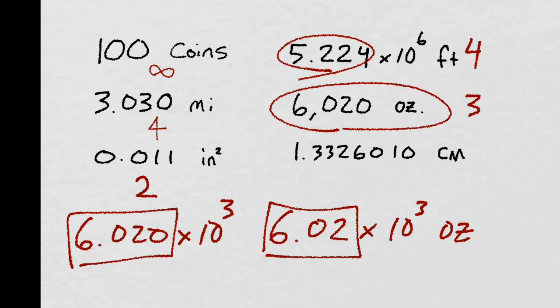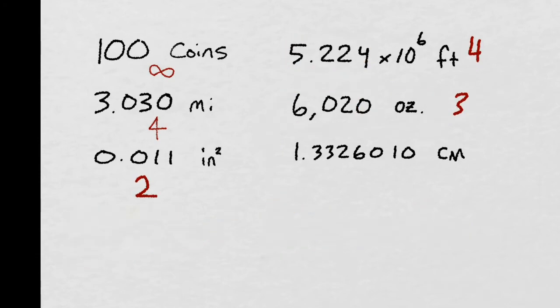Whenever you're writing numbers into scientific notation, you have to use the proper number of sig figs. And what we just saw is that this number right here, because of this trailing 0, only has 3 sig figs.